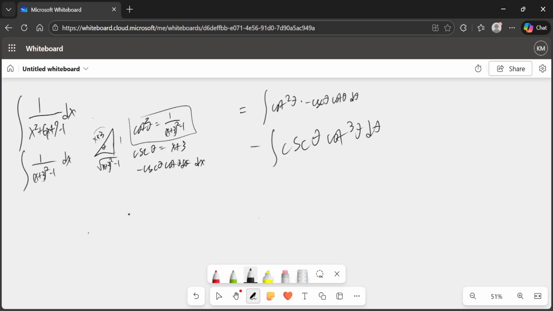What do we do here? Just say that, if sine squared x plus cosine squared x equals 1, we could say 1 plus cotangent squared theta equals cosecant squared theta. And then you get tangent squared theta equals secant squared theta minus 1.